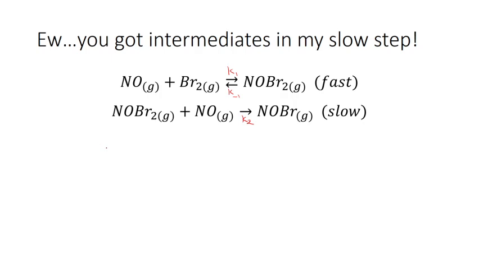The first one is rate equals k2 times the concentration of NOBr2 and NO. Great, that is bimolecular, but it doesn't involve one of our starting materials. It involves an intermediate, which is something we don't want when writing a rate law.